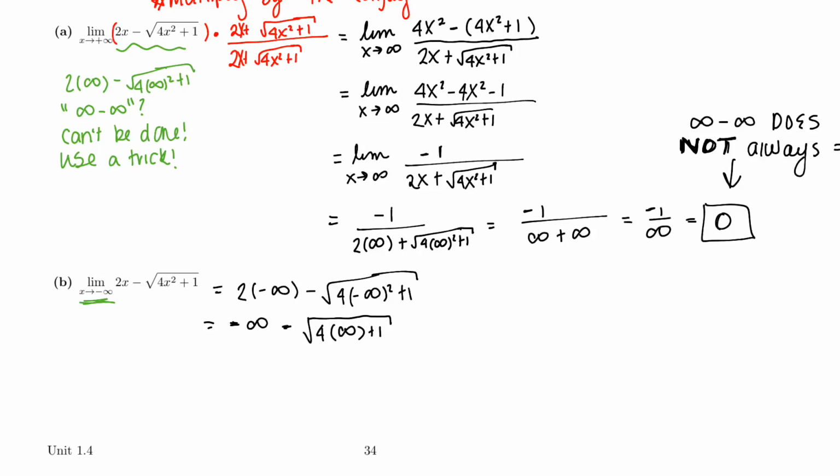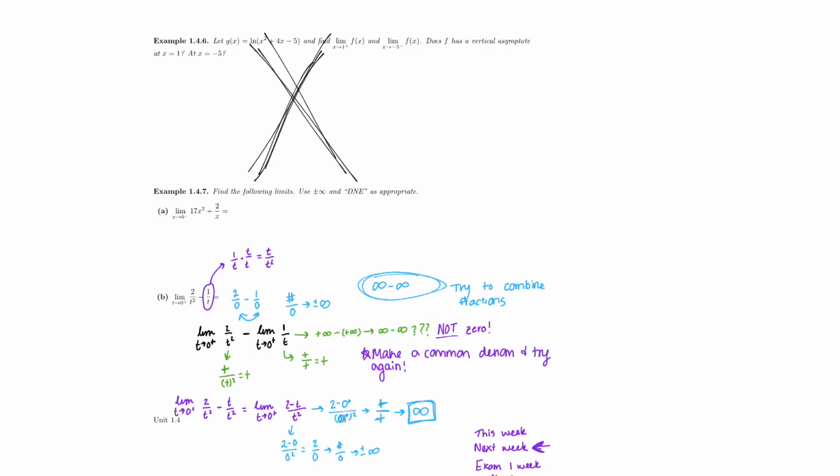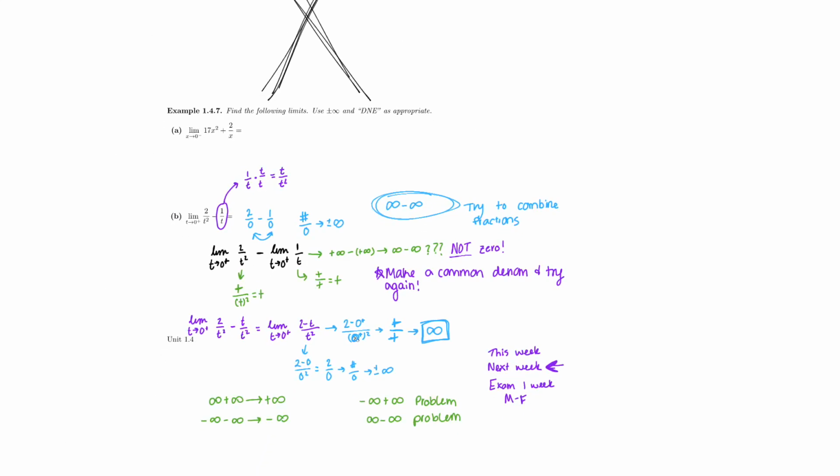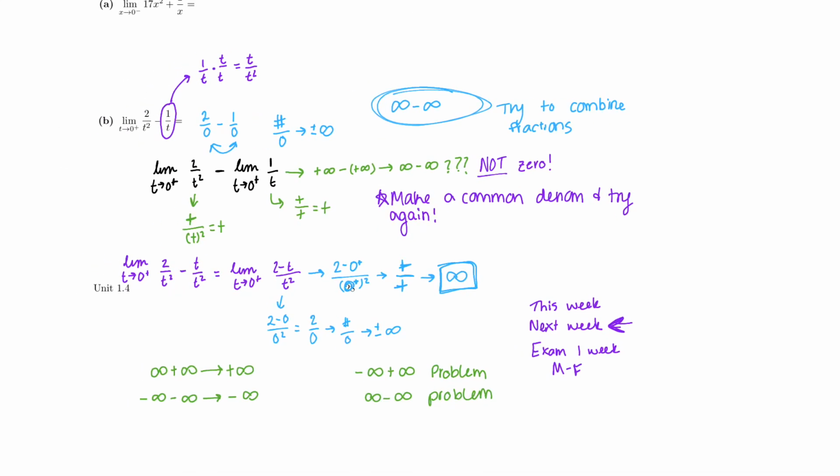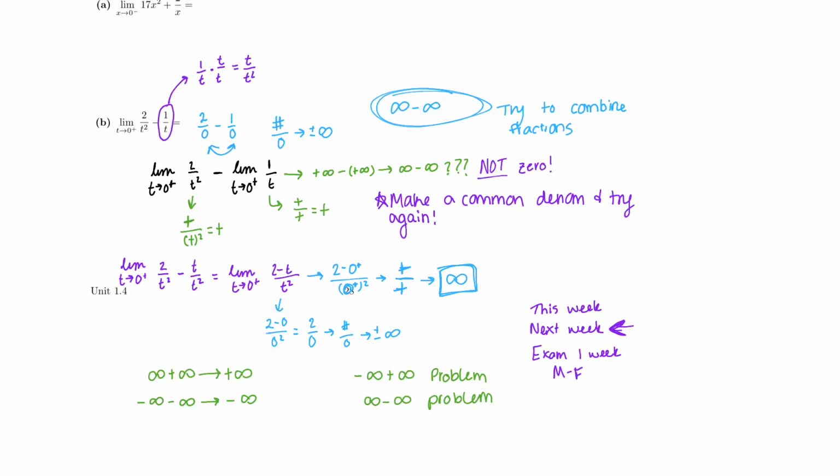So there's a question: if the infinities cancel, then wouldn't they equal 0? Not always. Not all infinities are created equally. Some infinities are bigger than other infinities. I think we did an example of that, way back.